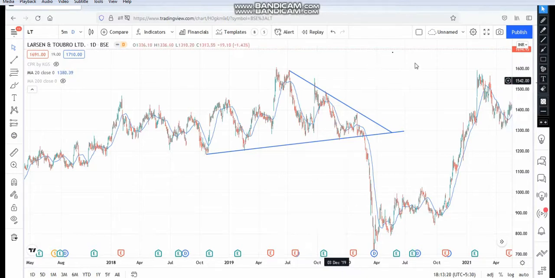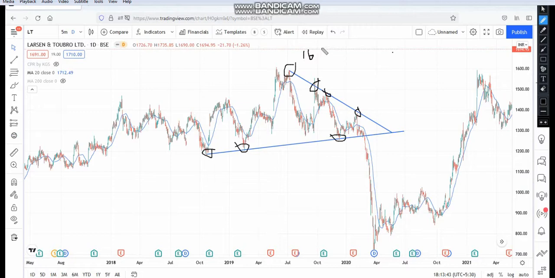So here there is a formation of a triangle. Okay. And these all are resistance areas 1, 2, 3 and 4. Likewise, these are support areas, you can see. Okay, so we have connected resistance and support.